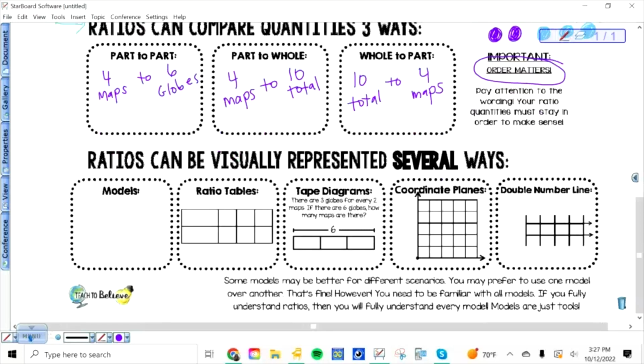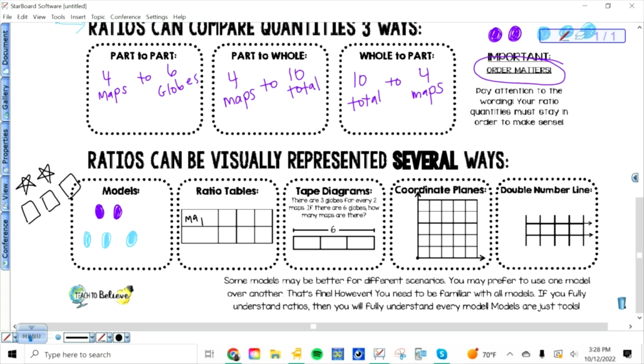And then we can visually represent ratios in a whole bunch of different ways. We could look at a model, which is kind of like our purple and blue pizzas. So 2 purple things compared to 3 blue things. Or if you don't have colors to use, you might want to think about shaded or not shaded, or different shapes. 2 stars compared to 3 squares, or whatever you want.